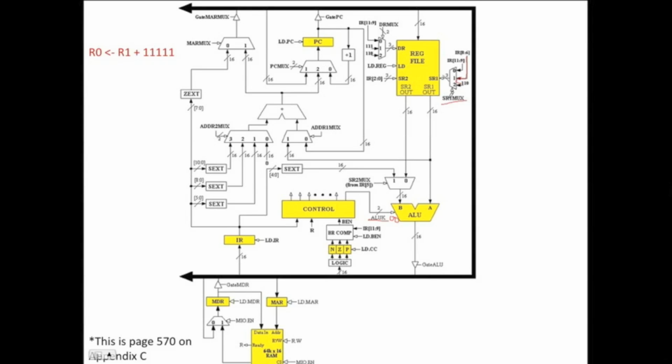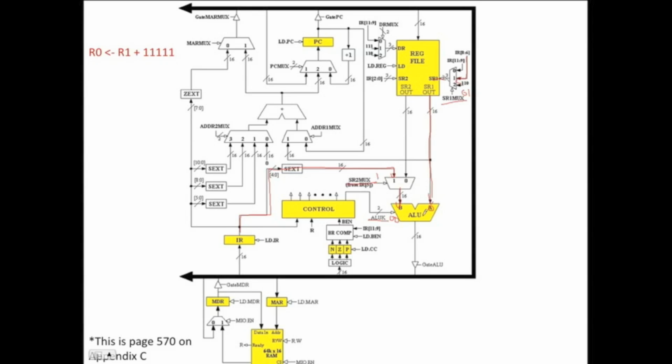We need to select SR1MUX to be 0, 1, and the data of R1 will come down here as input A of the ALU. For the other data, we have the immediate value, so it's here. Data will come to here, being sign extended, and come to the SR2MUX. SR2MUX needs to select 1, which is this one. So the data will be coming down here.